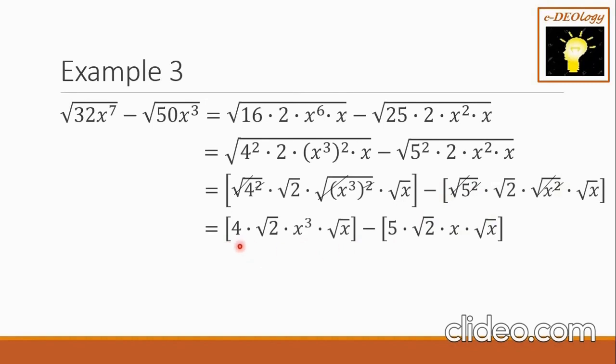So the 4 will be multiplied to the x cubed, the square root of 2 times the square root of x. So we will have this 4x cubed square root of 2x, and then minus 5 times x will be 5x, and then the square root of 2 times the square root of x will be square root of 2x.